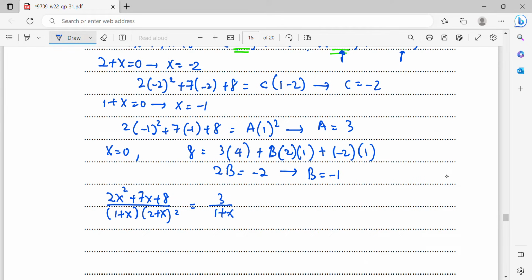My b is minus 1, so it's supposed to be plus minus 1 over 2 plus x. But please do not leave this as the final answer. The plus and minus 1 can be simplified to minus. Okay, same for the C. C is minus 2, so just write minus in the middle, then 2 over 2 plus x squared. Alright, so with this, we have found the partial fractions for this function.